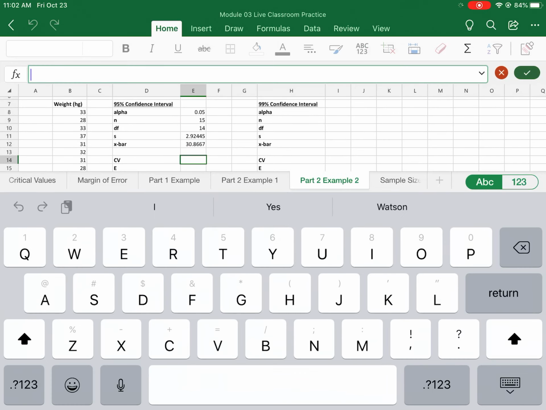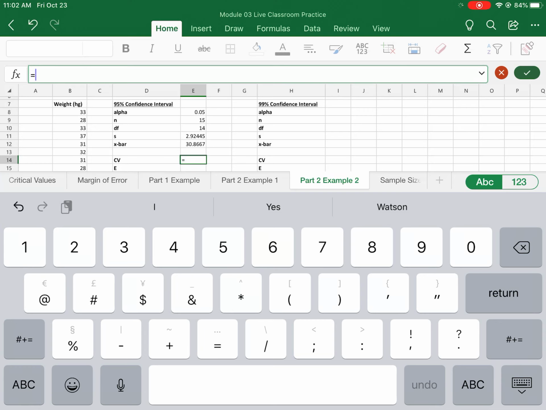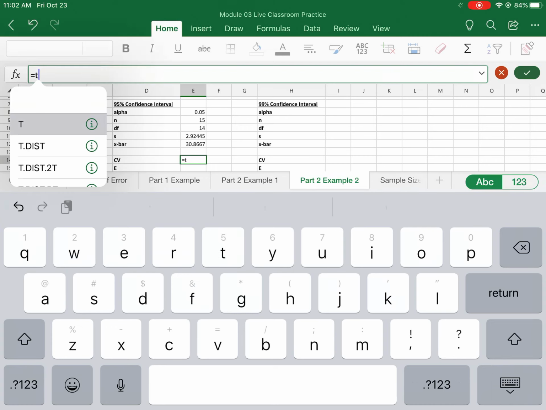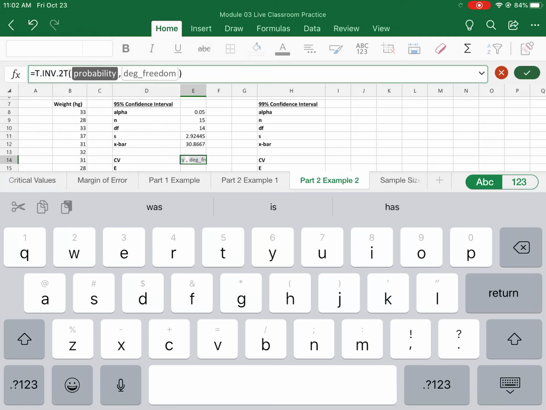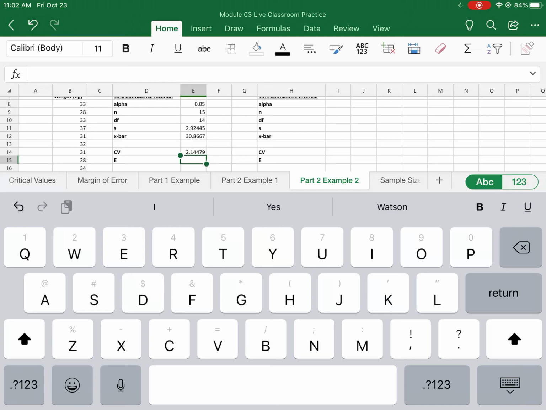So your critical value, that is equal to, I've got to go into T. Sometimes you get so many equations in your head, you get one step ahead of yourself. Okay, so then alpha, and then my degrees of freedom, hit enter.